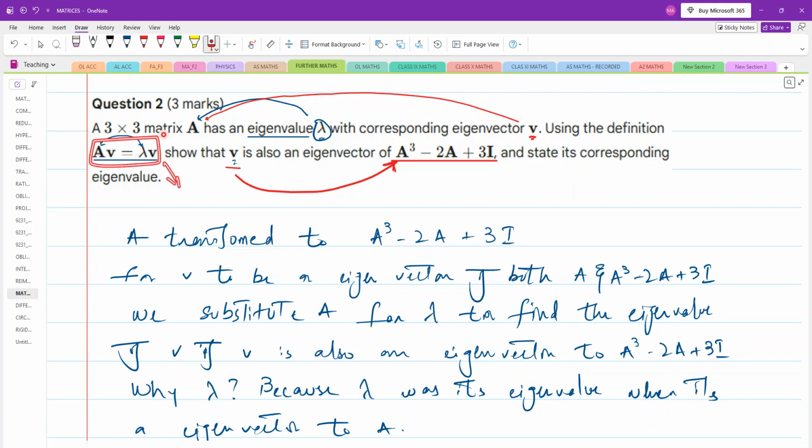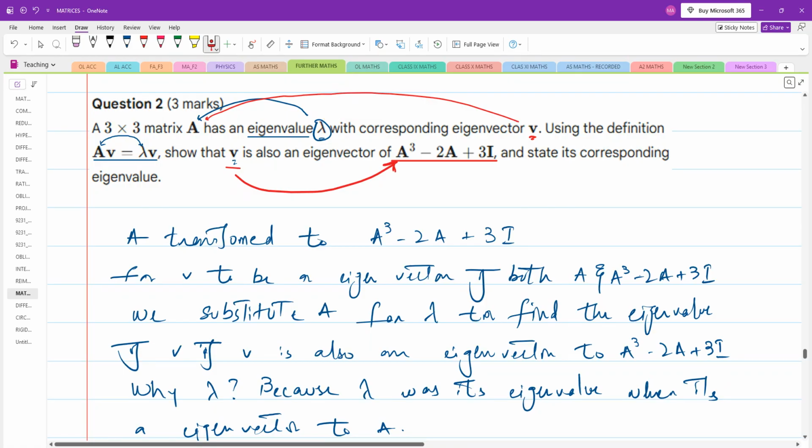If the eigenvalue is lambda, then for the eigenvalue lambda we have an eigenvector v. What they're asking is to show that for this new matrix, the eigenvector will still be v, and they're asking for the value of lambda for this eigenvector.